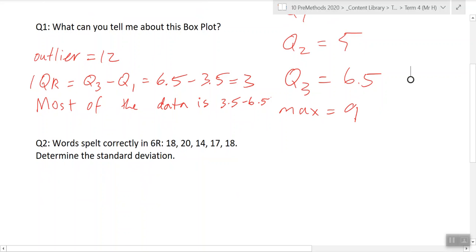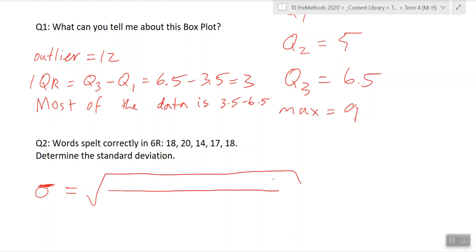Determine the standard deviation. Remember what it looks like? It's a circle with a funny hat. Anyone remember the rule?